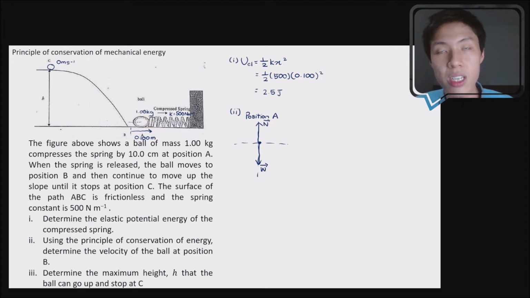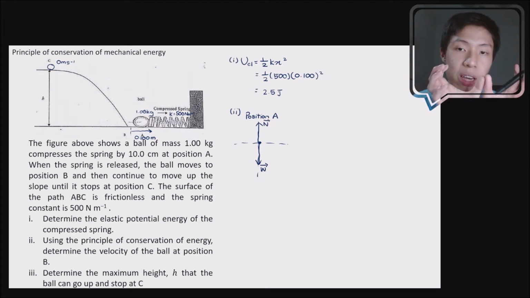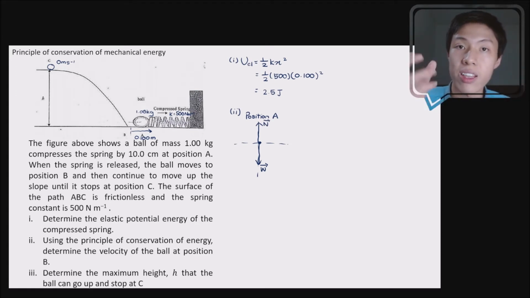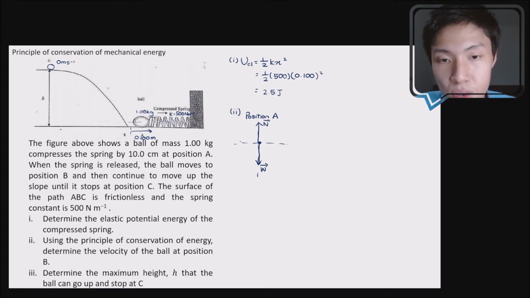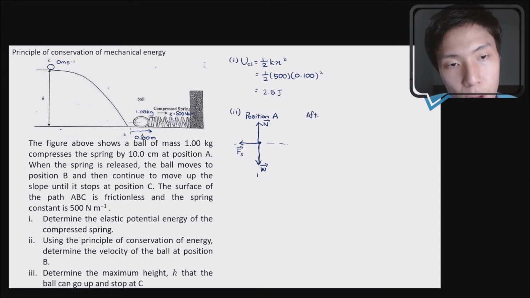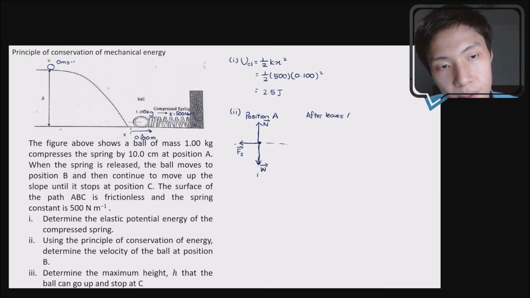And this ball is touching a compressed spring, and once you release, the spring will exert a force to push on the ball, which you can think of as the restoring force of the spring. So I'll label it as force of the spring. Okay, so this is position A. Then I'll draw another free body diagram for the ball after it leaves A while it's moving towards B.